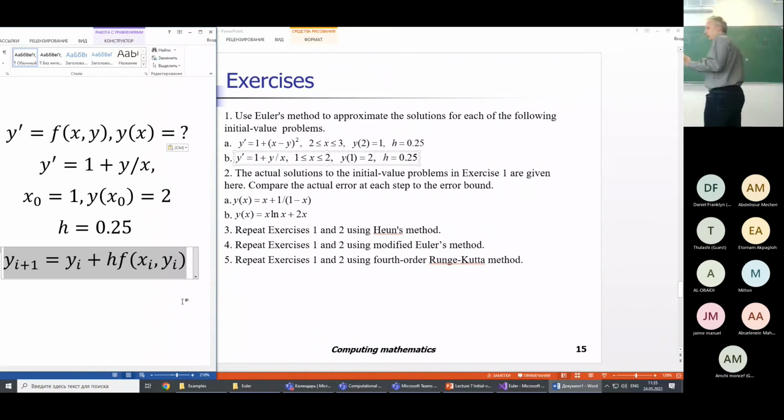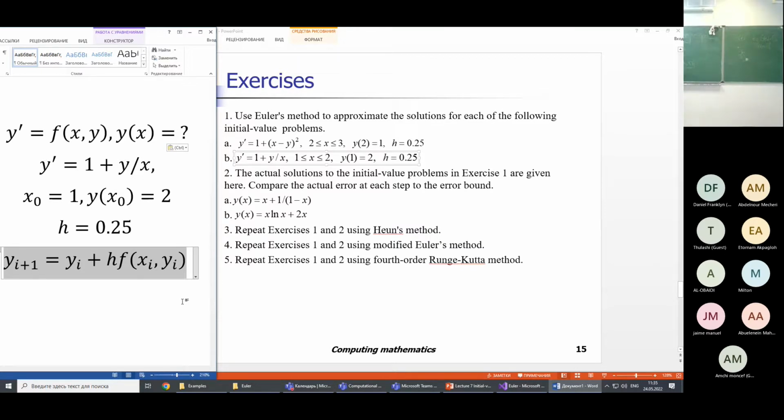Again, I just rewrite the formula for i equals 0. If i equals 0, from this general case, we have that y1 equals y0 plus h times f of x0, y0.